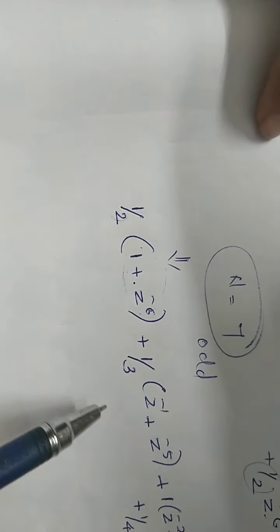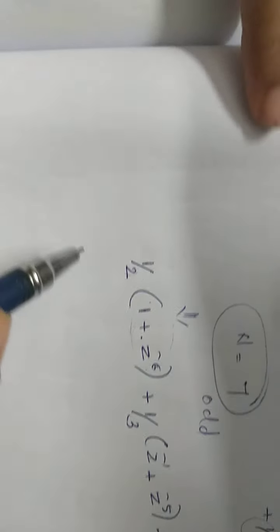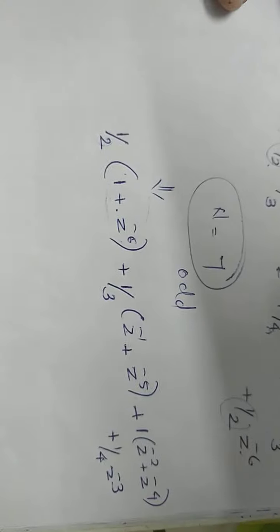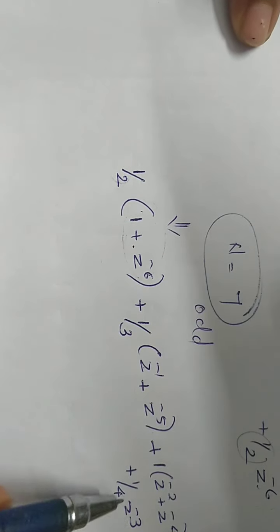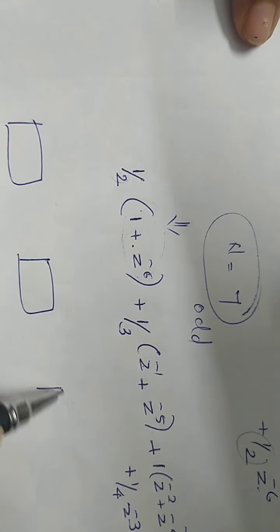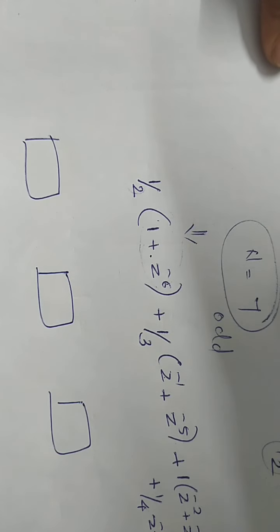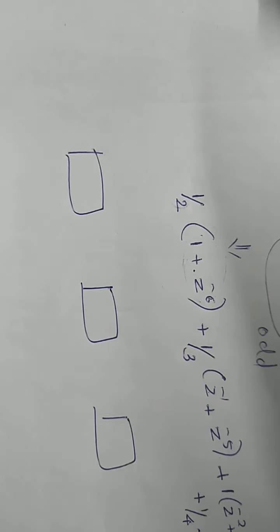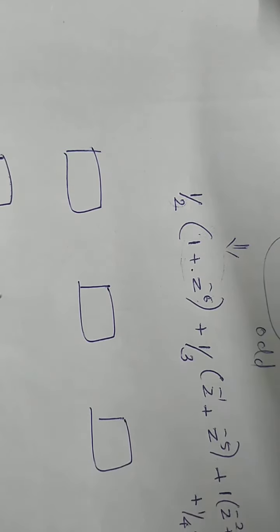Okay, so for this odd case, we are drawing like this. We need 6 z inverse terms.